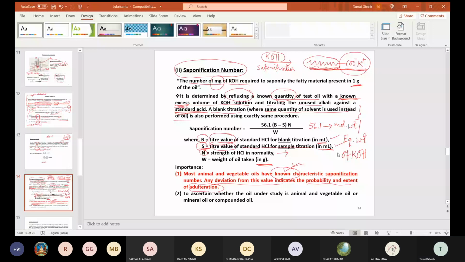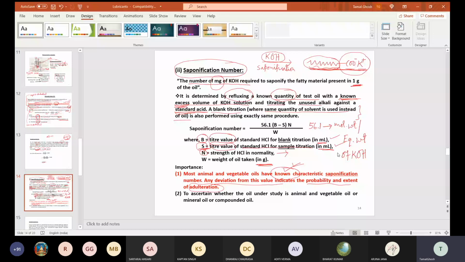That means unnecessary or unusual materials or substances, or impurities, have been mixed with that particular oil.